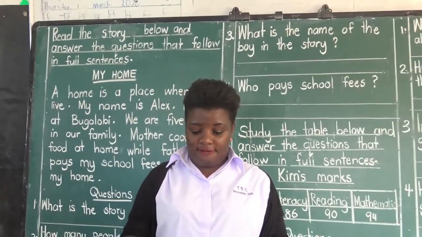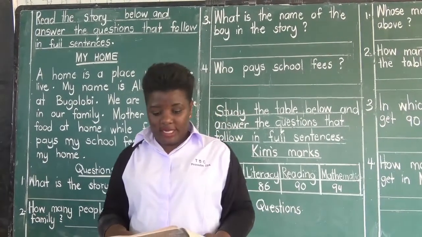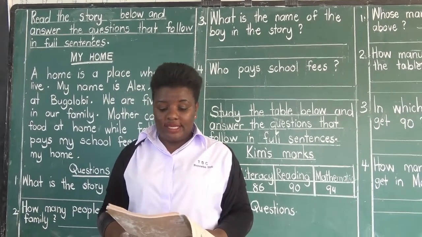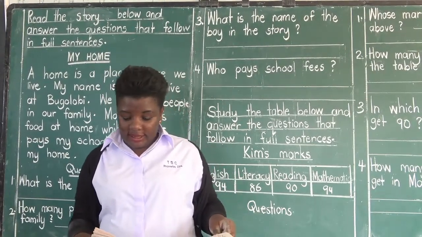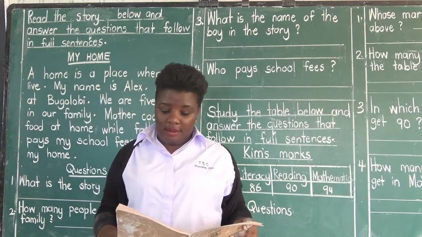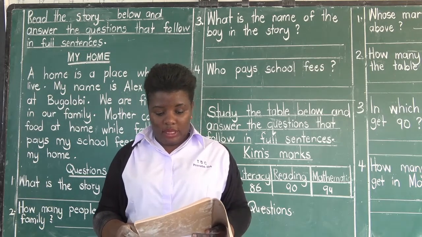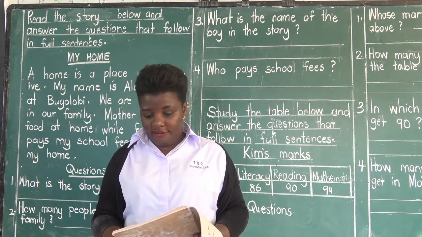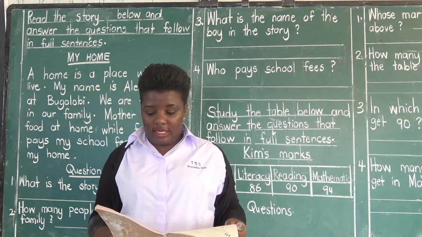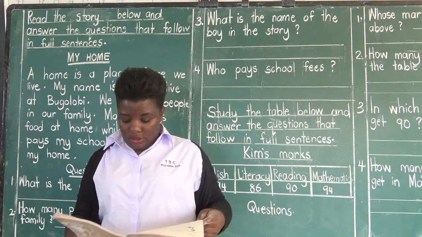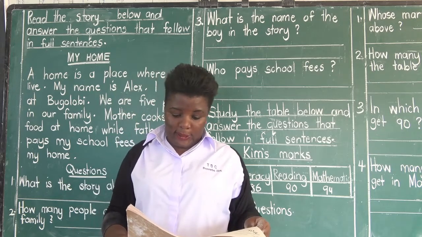We have a list of vocabulary, and the words on our vocabulary list are mother, sister, uncle, grandfather, cousin, niece, father, brother, grandmother, nephew. Those are the words we have. You will have to read and spell the words given in the vocabulary list.